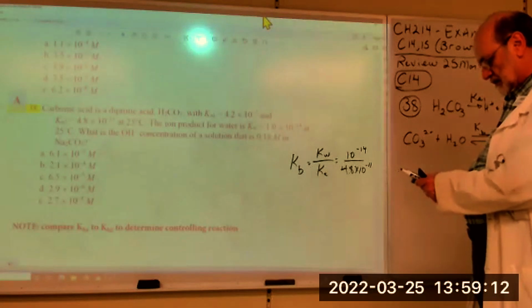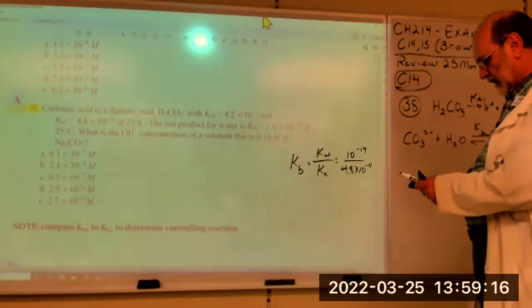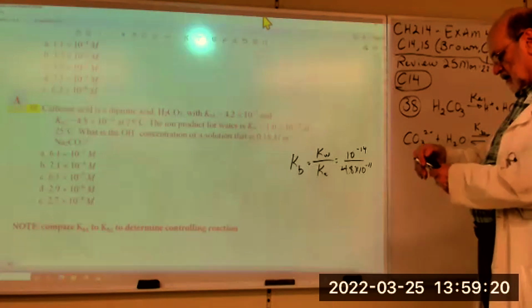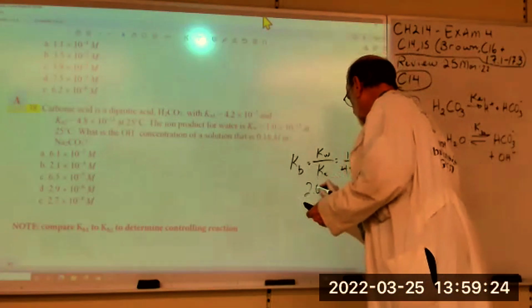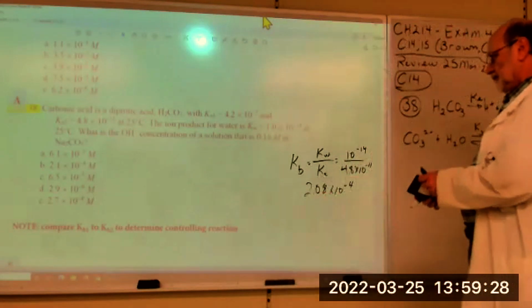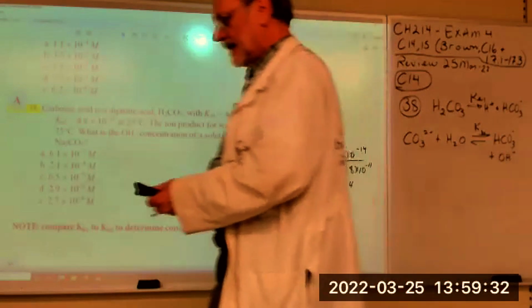And 4.8 divided into that gives 2.08 times 10 to the minus 4.